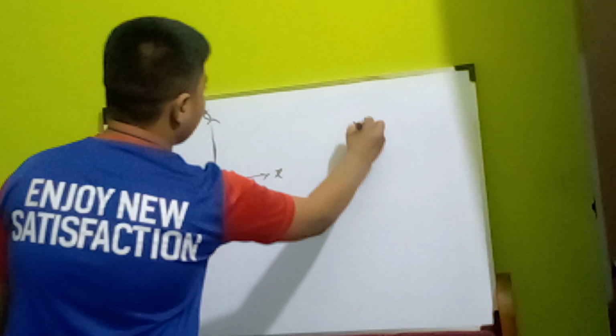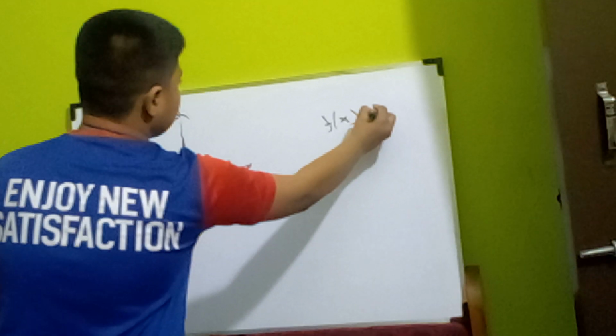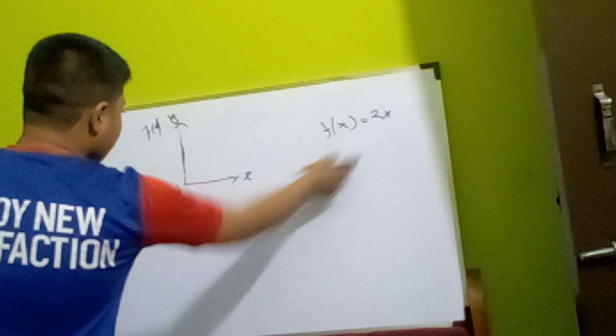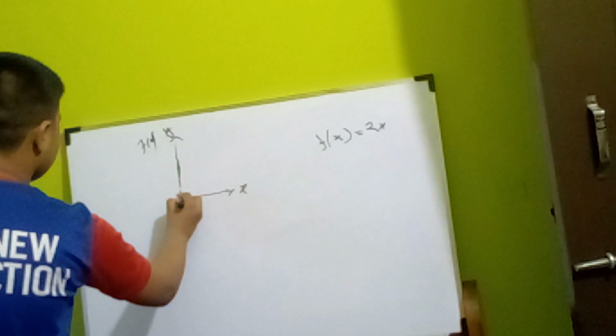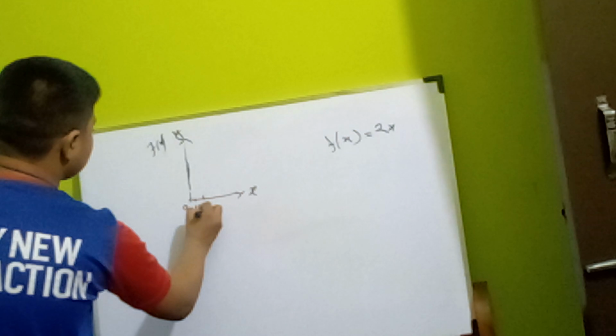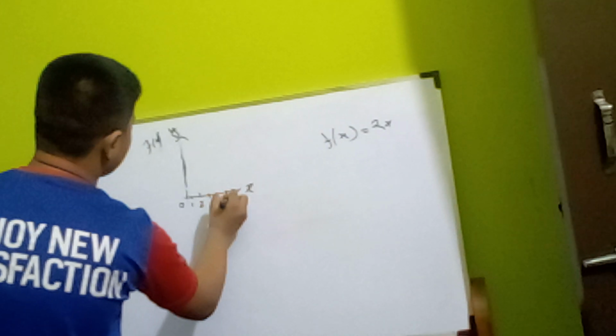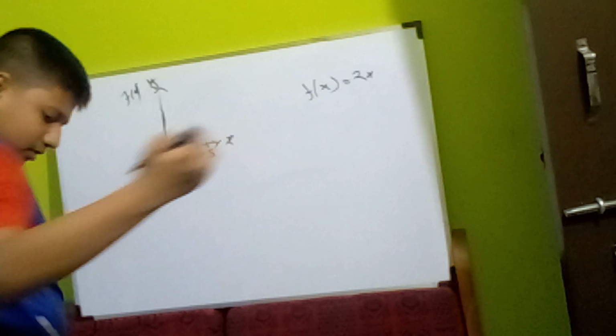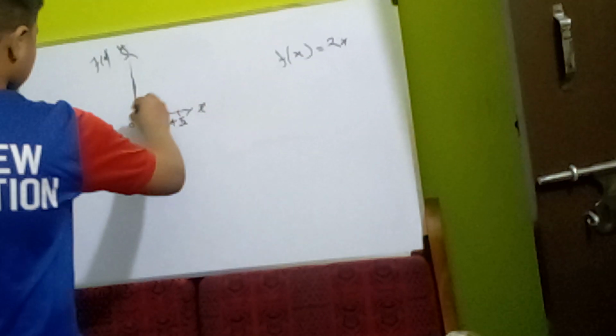Let's say f of x gives us 2x, and if you plot this graph, with 0, 1, 2, 3, 4, 5, it is likely to give us a straight line like this.